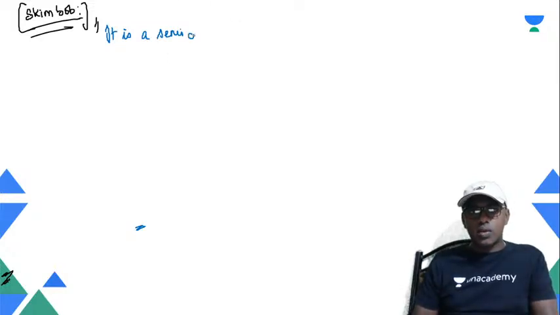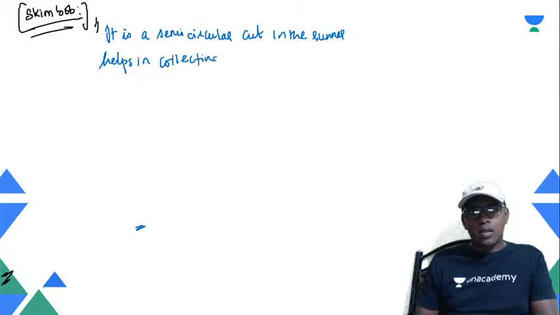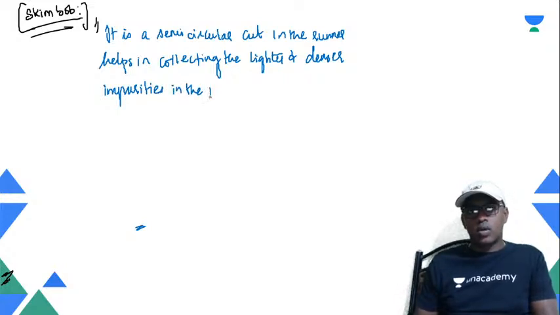So it is a semicircular cut in the runner, which helps in collecting the lighter and denser impurities in the molten metal.